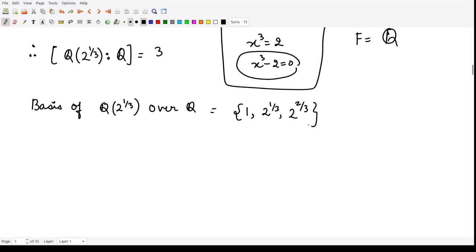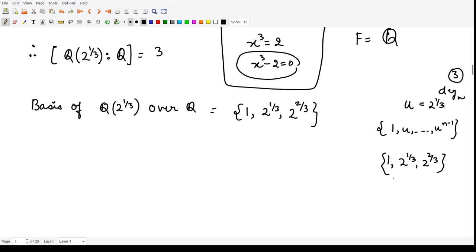So this is the basis, because if you have some element u and its minimal polynomial has degree n, then the basis set would have 1, u, up to u to the n minus 1 elements. So here the degree is how much? 3, and you have u as 2 to the power 1 by 3. So we go from 1, 2 to the power 1 by 3, 2 to the power 2 by 3, until here only. So this is the basis.